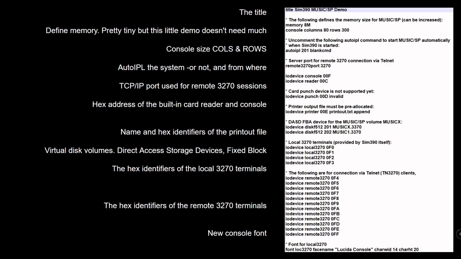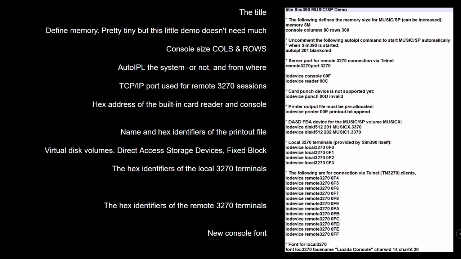The next thing down is if you're going to connect by remote terminals, what do you come in on for TCP/IP, Telnet? 3270. You go down a little further. Everything in the mainframe environment has an assignment, a hex assignment, which is a location or an identification, a device ID of these various parts.